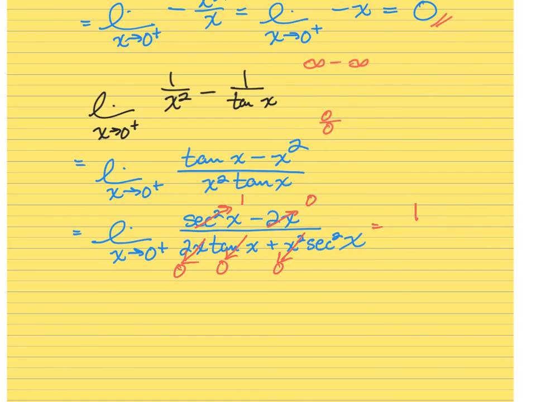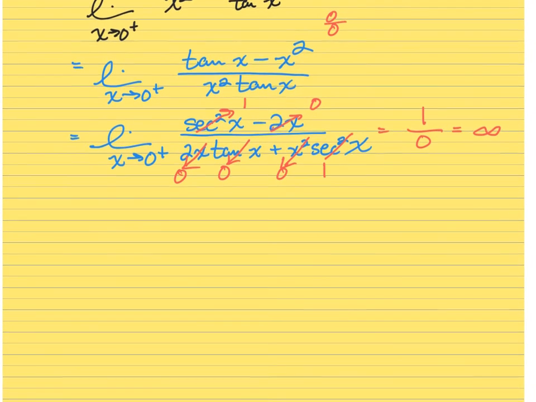This is going to 0, and this is going to 1. So in other words, the bottom is going to 0. So we've got kind of a 1 over 0. But the big thing is the top is getting closer to 1 and the bottom is getting smaller and smaller. And so we know that will equal infinity. 1 over something really, really tiny is infinity.